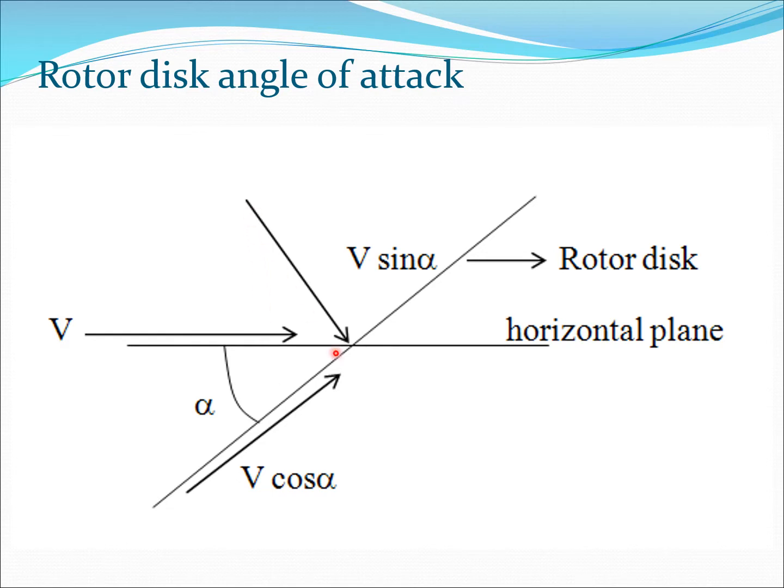One is a sine component that's in the vertical direction, and one is a cos component that's in the plane of the rotor disc. Now we have seen that this sine component gets summed with the induced velocity and becomes a part of the up expression for the velocity, that is the perpendicular component. So today we are going to focus on this component which is tangential, that's in terms of the cosine.